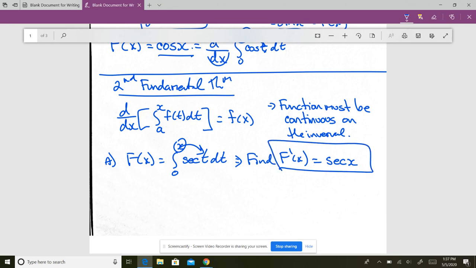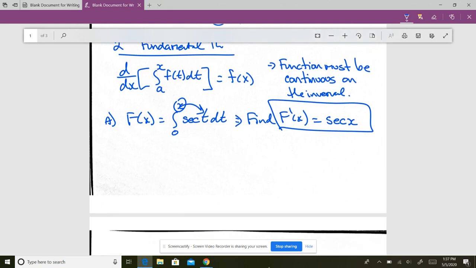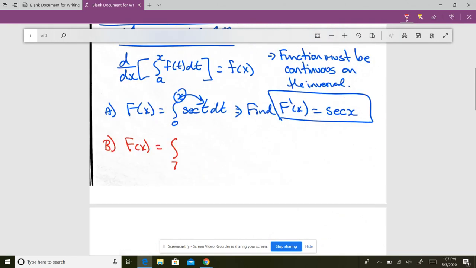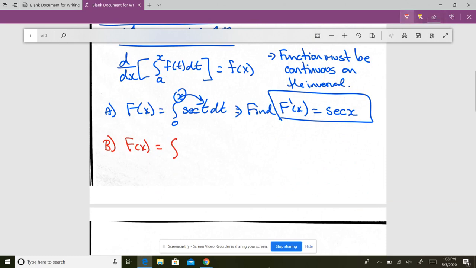Now, what if it's not just x up there? We'll do the cosine one. If I define f of x to be the integral from 0 to 3x squared minus x of cosine of t dt. The 0 can be any number, it doesn't matter. Pretend the 3x squared isn't there.